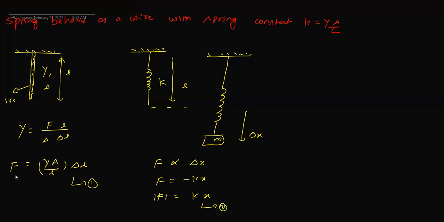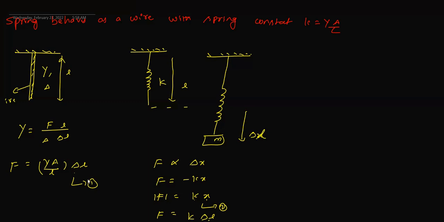If you observe 1 and 2, F equals YA by L into delta L, and F equals Kx. For the extension, we took delta X, so let me take delta L, that would be better. So F equals K into delta L, the extension.